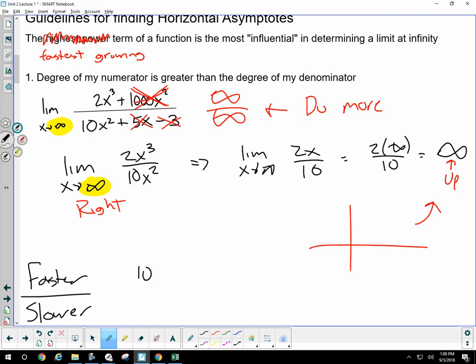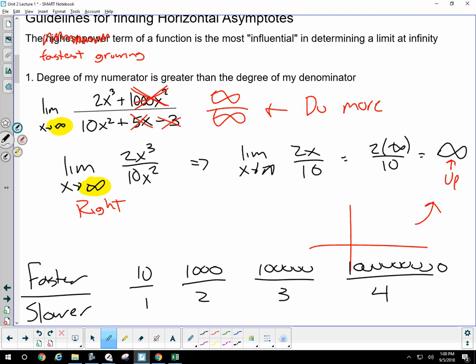If I have something that's maybe multiplying by a factor of 10 in my numerator, that's pretty fast growth. Whereas my denominator is growing, but not very fast. It's growing by 1. What's happening to those fractions as I continue to grow? Getting bigger and bigger and bigger. If we have faster over slower, we're going to approach infinity.